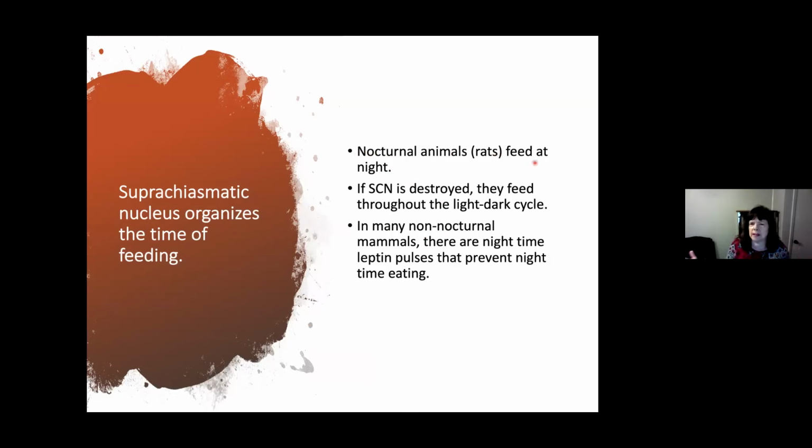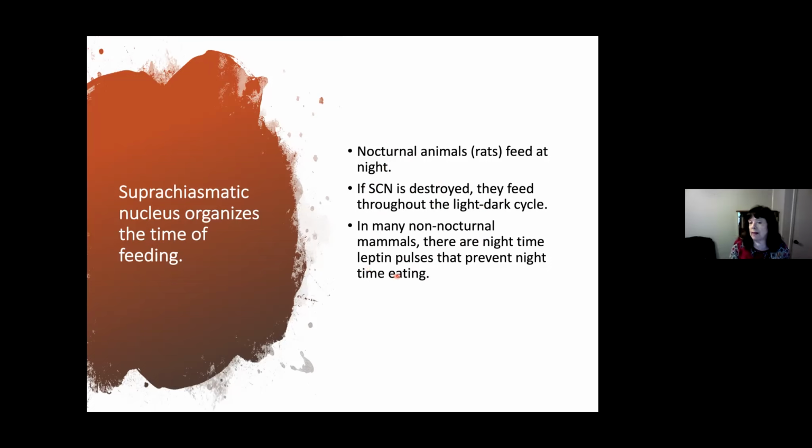And of course, that's safety for those poor little animals in the wild, basically because they'll be less likely to be picked up by a predator. And of course, if the suprachiasmatic nucleus is destroyed and cannot respond to light or dark, then the animals will continue to feed throughout.